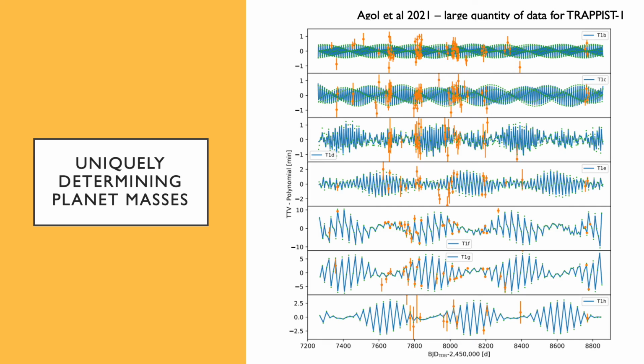If you look here at these plots, one per planet in the TRAPPIST-1 system, again, the large amplitude polynomial has been subtracted off of the TTV signal, and you're left with just the chopping signal. Some of these signals look more convincing than others. In particular, if you look at the outer three planets, the overlap between the model and the data is quite good.